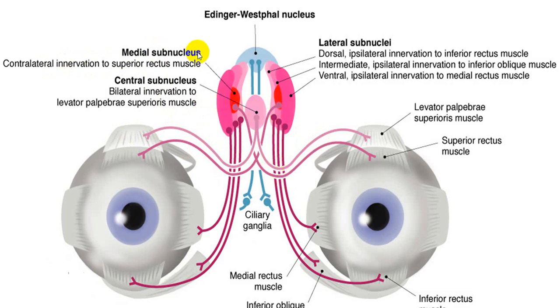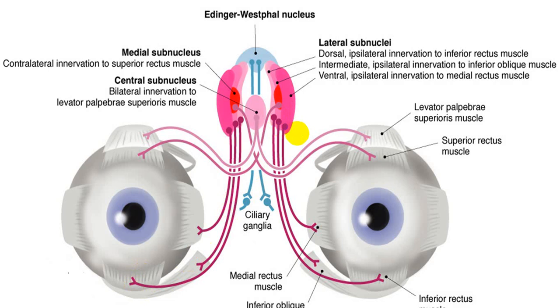So this medial subnucleus will be innervating the opposite side superior rectus. The right side will be innervating the left side and the left side will be innervating the right side. While all the others, that is medial rectus, inferior rectus and inferior oblique, will be innervated by the same side.